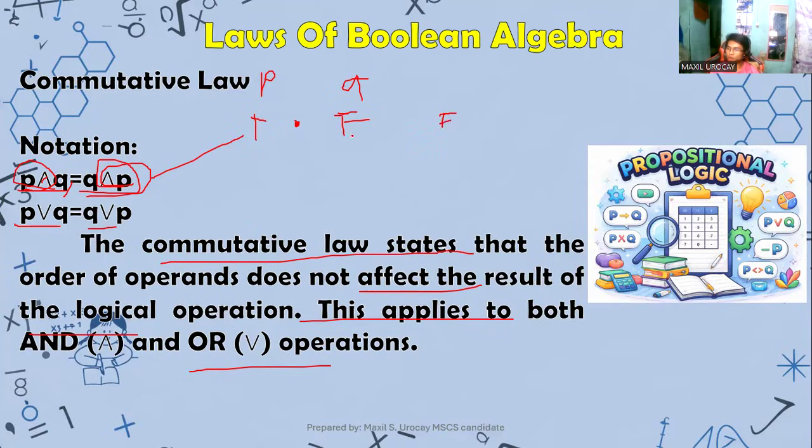If you put Q first, false times true, it will still be false. For OR, which is plus, true plus false is still true. If Q starts, false plus true, it will still be true. That is equivalent to each other, right?